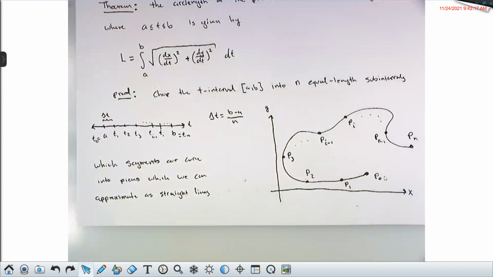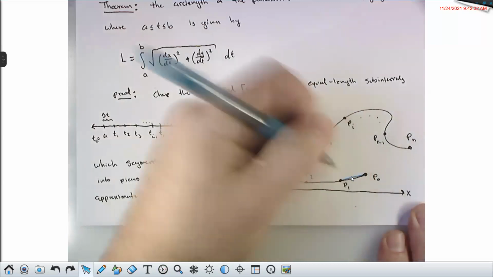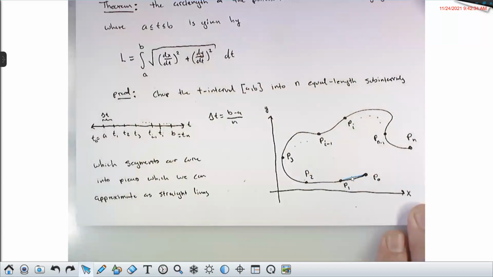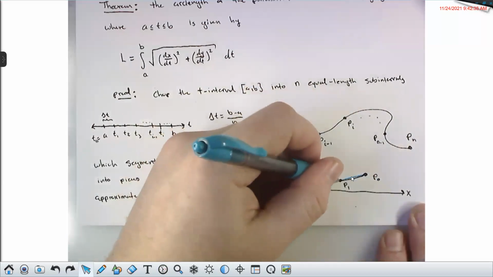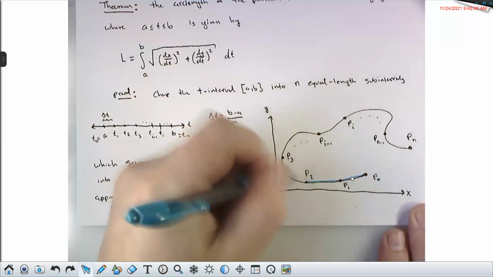Now, the exact length from P0 to P1 would be the length of this little black curve. I don't know how to find that, but I can pretend like that curve is a straight line from there to there. If I have enough of these P's, then that will be a pretty accurate approximation.